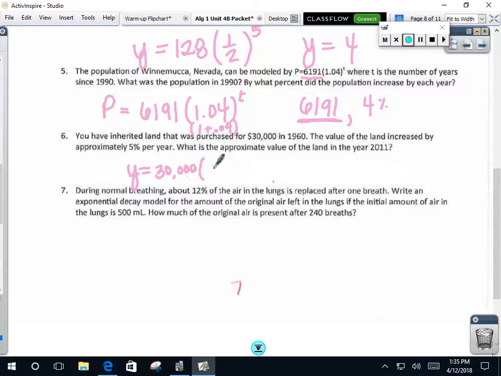And then is it 1 plus or 1 minus? Right, because the land value is increasing. By what percent? To the what power? 51. Because from 1960 to 2011 is 51 years, and that's how much money the land is now worth.